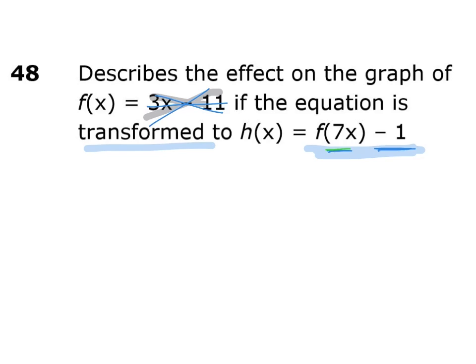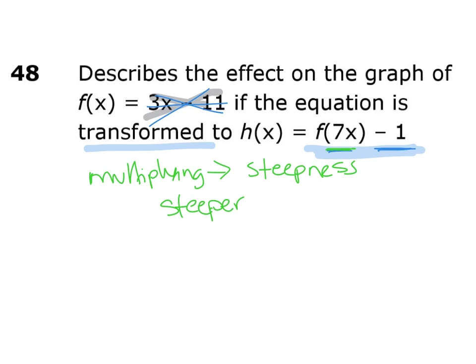The first being inside. Inside, we are multiplying, which means we're talking about the steepness. The steepness is going to increase, so it's going to be steeper, and the reason why is because 7 is greater than 1, which is where it's steeper.